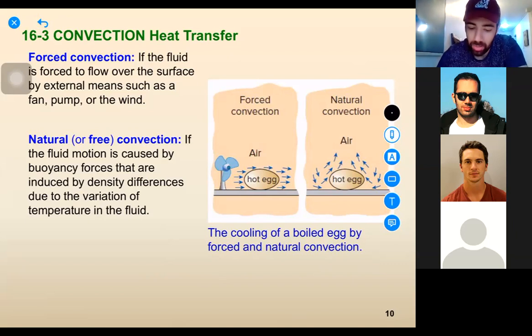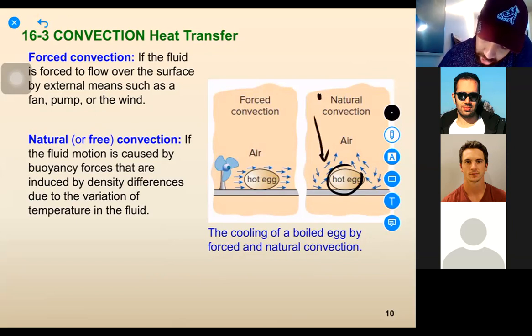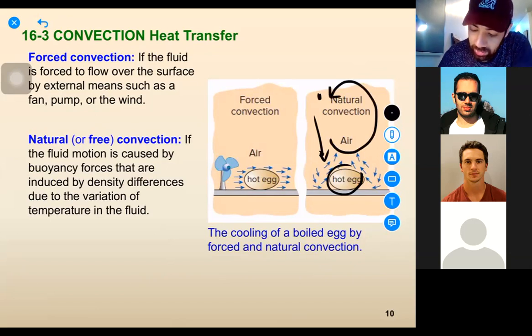For example, if we have a hot egg here, then by natural convection, due to the difference of density between different locations of air, there would be a flow of air from the places which are less dense to the places which are more dense. This flow of air will cool down this hot egg.